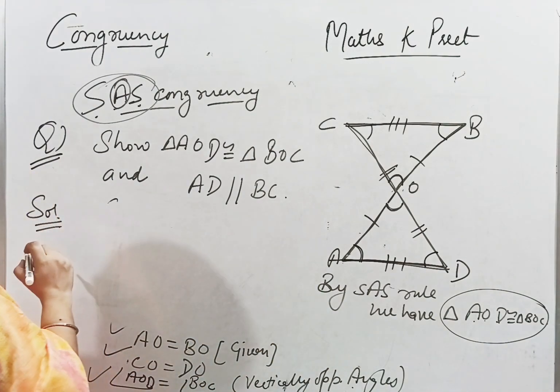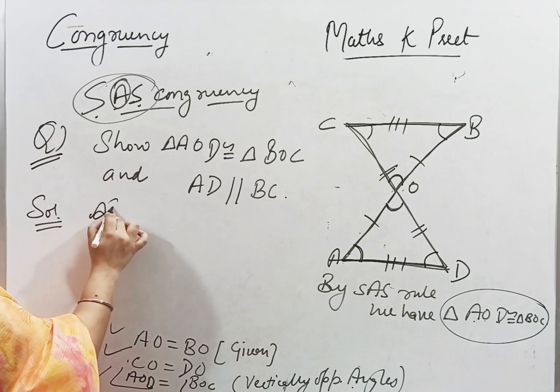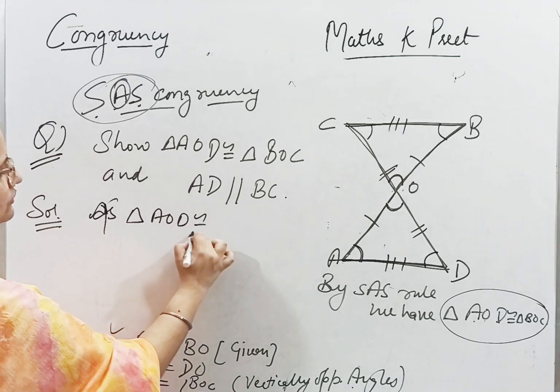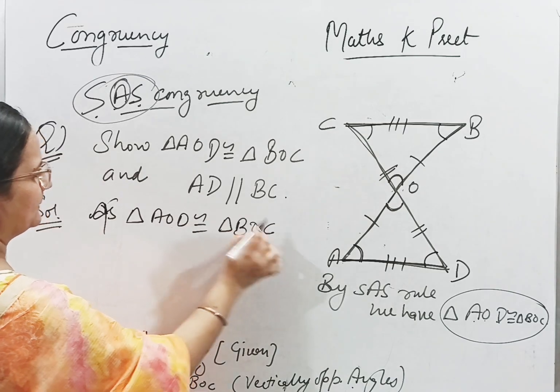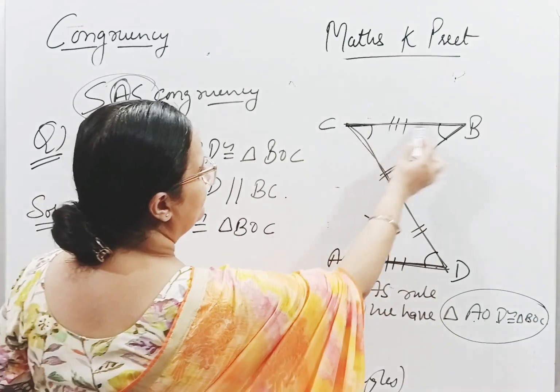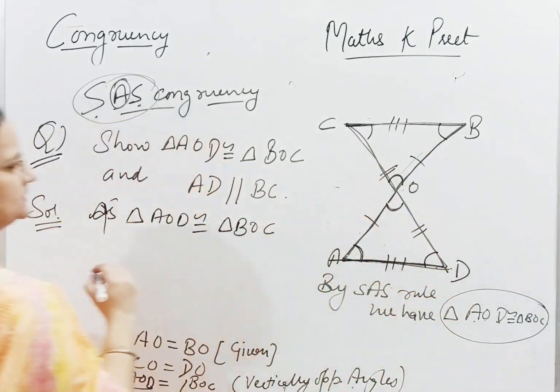So from here I can write triangle AOD is congruent to triangle BOC. I have to prove this parallel. To prove this parallel, I look for alternate angles.